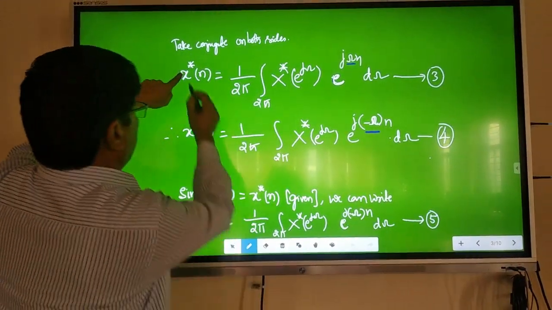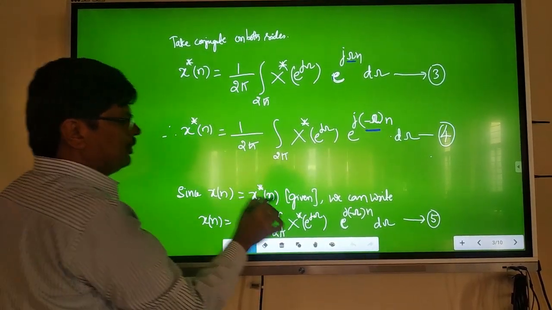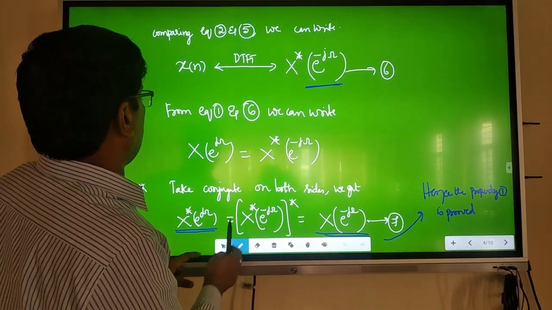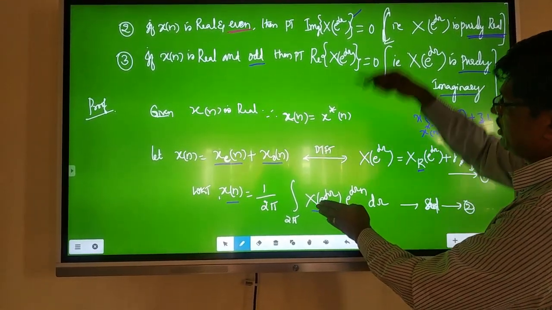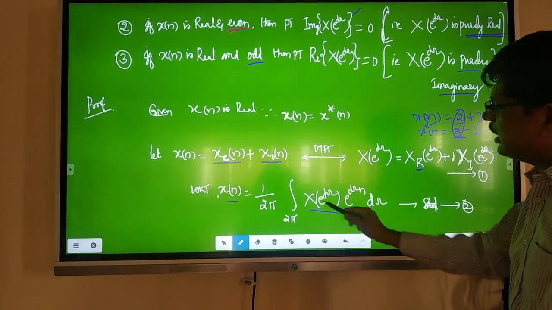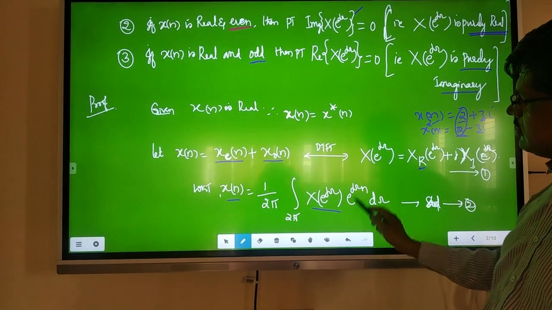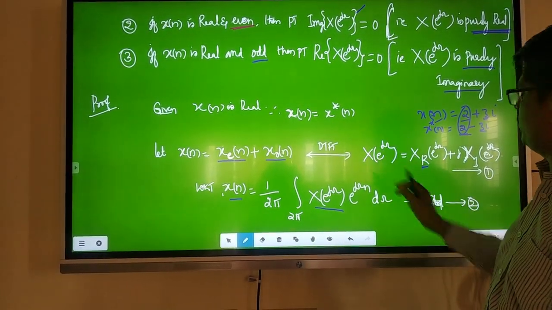What will happen? The conjugate of x of n is x star of n. 1 by 2 pi is the same, the integration over 2 pi is the same. The conjugate of X of e power j omega is X star of e power j omega. Then the conjugate of e power j omega n is e power minus j omega n.